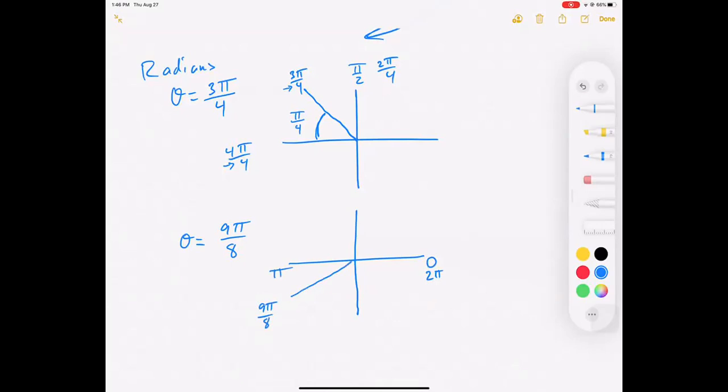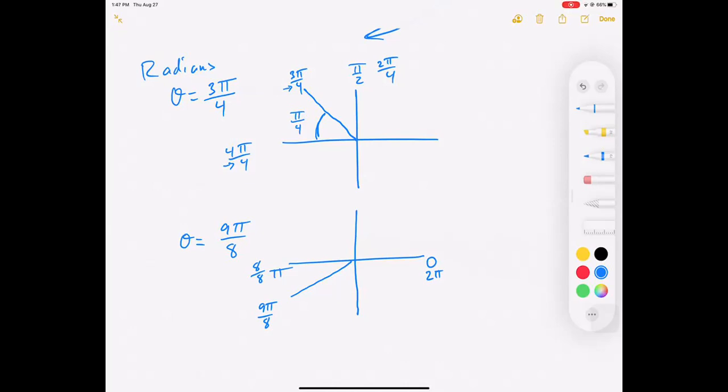Because it's literally 1 over 8 over 8. You want to be able to quickly change radians into fractions. 1 full pi is just 8 over 8. It's just itself over itself. Would you agree that 9 over 8 is just a little bit over?